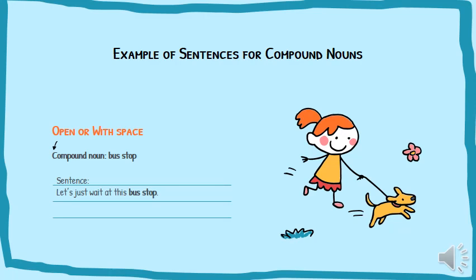The example sentence is, let's just wait at this bus stop. The second one is an example sentence for a compound noun written closed, or with no space. The example of a compound noun used here is football. The example sentence is, shall we play football today?